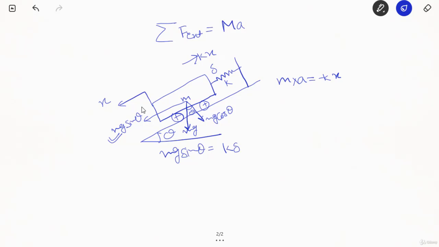If x is the displacement, the first derivative will give us velocity. This is the displacement. This is the velocity. And the second derivative of displacement will give us acceleration, right?